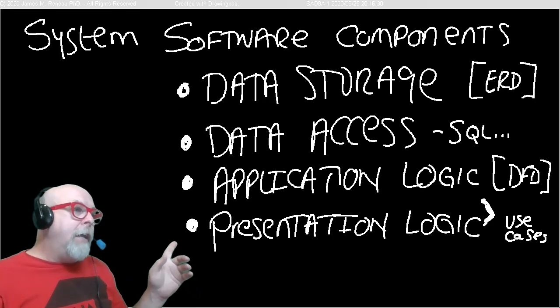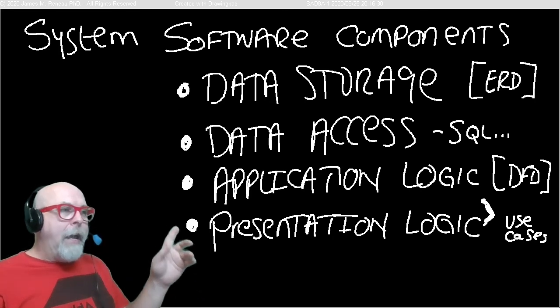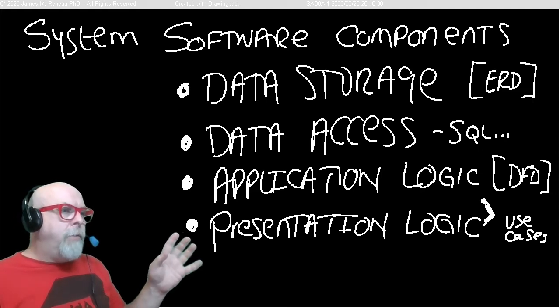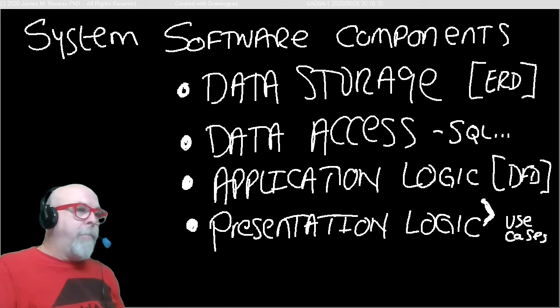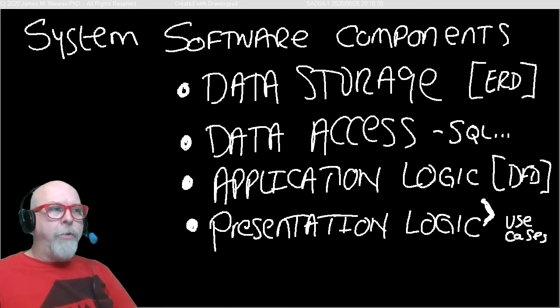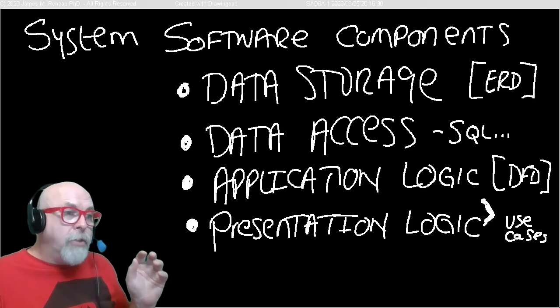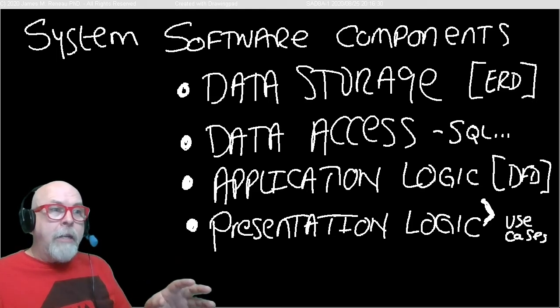We're going to get it from the use cases. Some of the application logic we're going to get from the use cases too, but the use cases will help us create that presentation logic. So think about the four components here of the software part of an architected system.